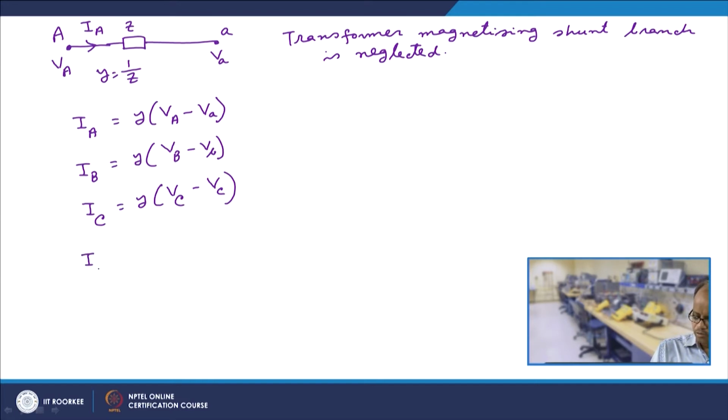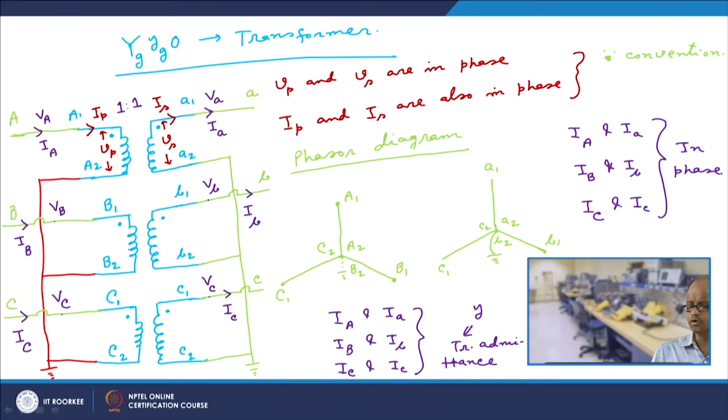So, then what would be I A? Now, what would be I A? I A would be nothing but equal to I capital A, because this is a 1:1 transformer, we have already argued here. So, I A would be equal to capital A, and they also would be in phase to each other.